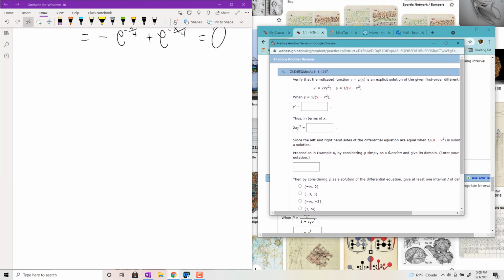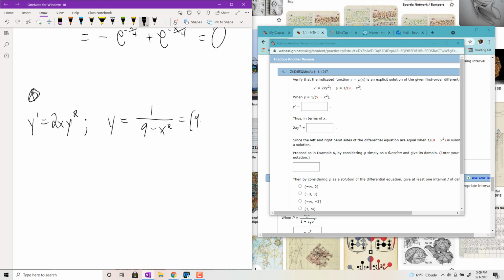Okay, so I have y prime equals 2xy squared, and then y equals 1 all over 9 minus x squared. Okay, so what they're doing first is having you see that it satisfies the differential equation. So you get the given information, which is basically y prime.